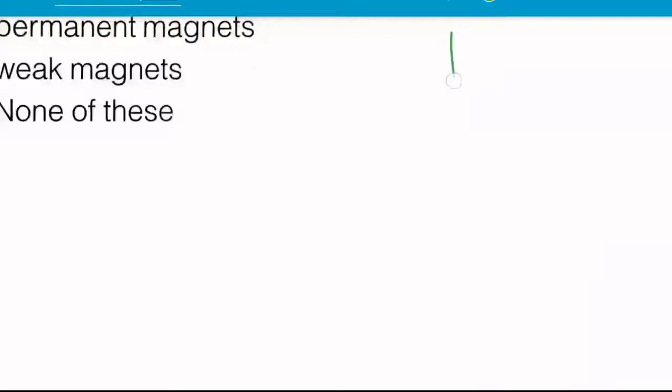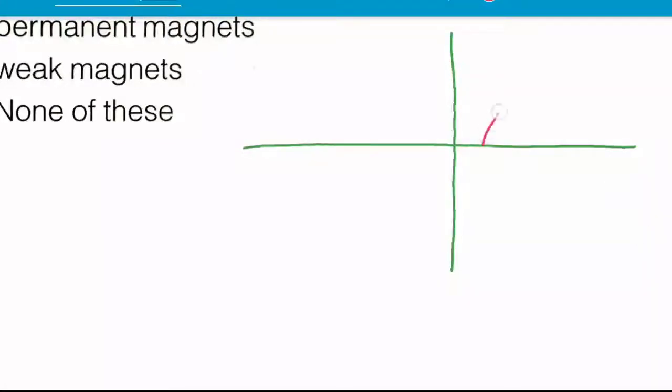Suppose this is the BH curve of a magnetic ferromagnetic material.